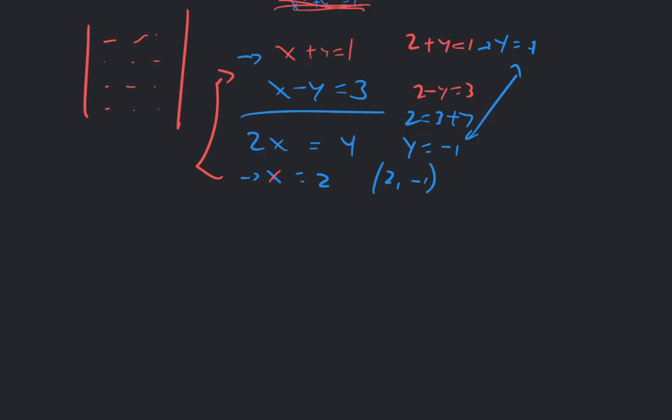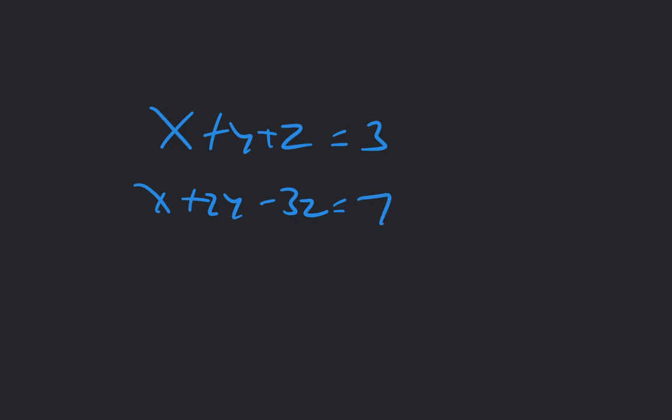For example, if we wanted to say x plus y plus z is equal to 3, x plus 2y minus 3z is equal to 7, 2x plus 3y plus z is equal to 10.